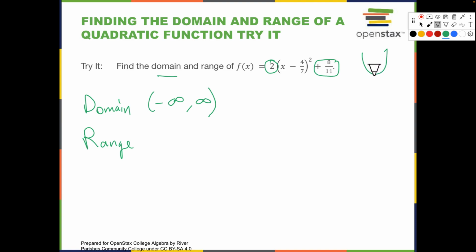So it's going to go from 8/11 up to positive infinity. So our range is going to be 8/11 to infinity. So when we have vertex form, we can actually just pick the range right off of there. Without graphing, you could graph it, and you'd see the same thing.